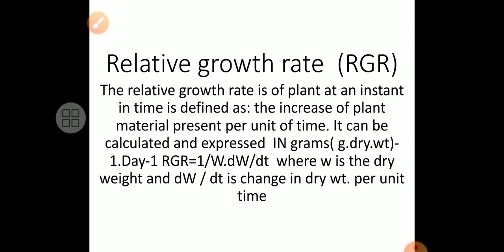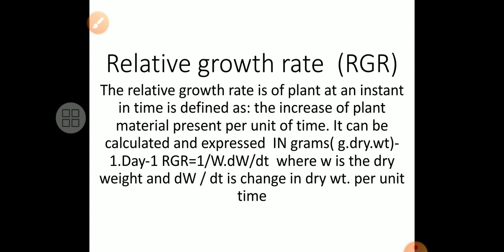The relative growth rate of the plant at an instant in time is identified as the increase of the plant material present per unit of time. It can be calculated and expressed in grams per dry weight minus 1 day minus 1.